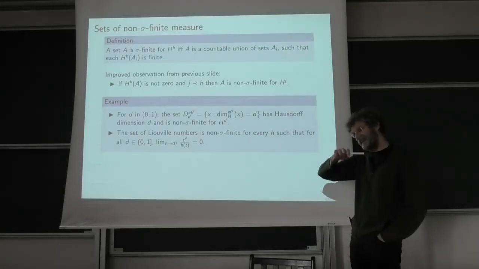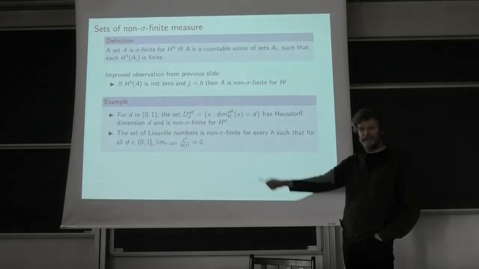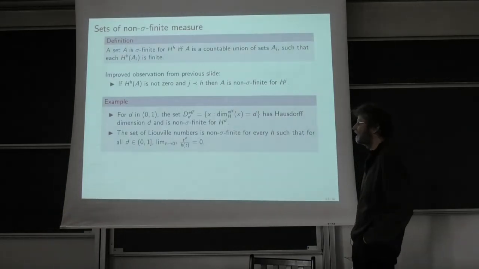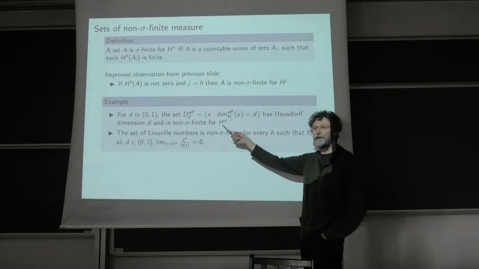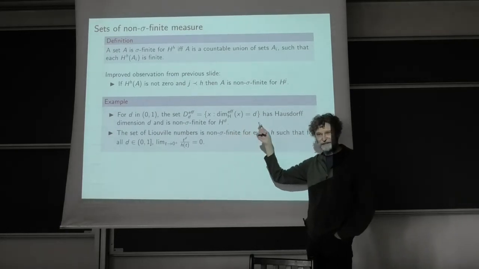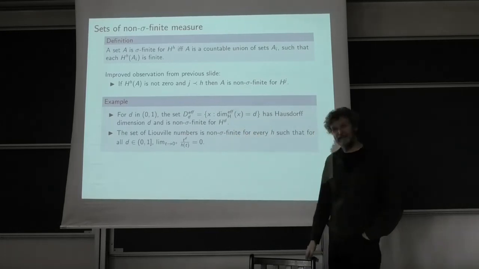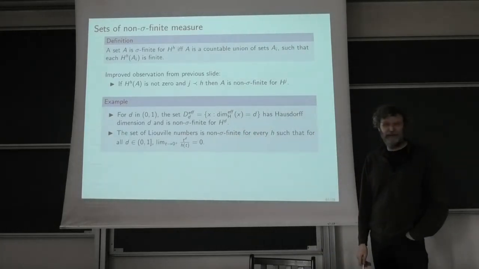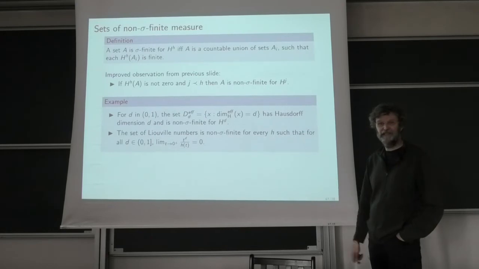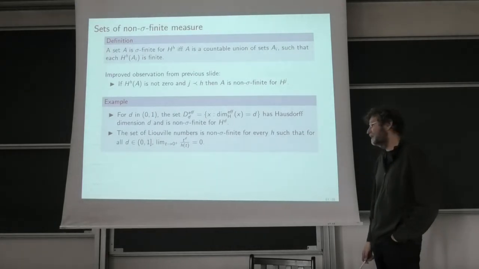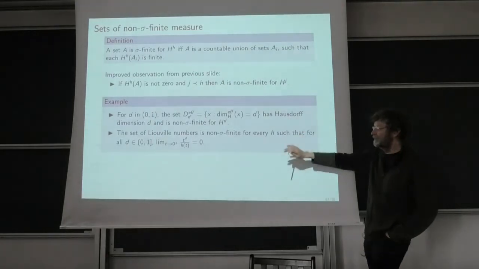Well, its H^s measure is 0 for everything bigger than d, but in fact, it is a very large set of dimension d. It has exactly dimension d, and it's not sigma finite for the Hausdorff outer measure on d. Okay. So that's this one.